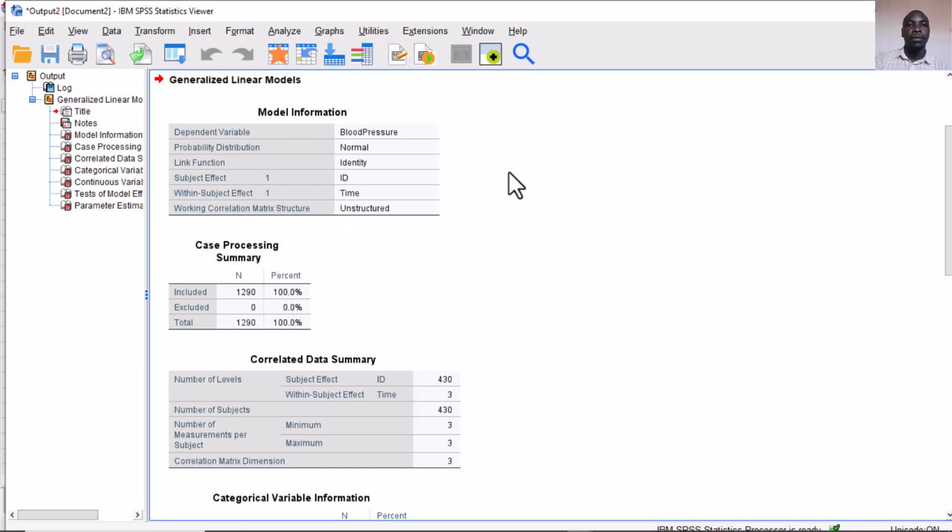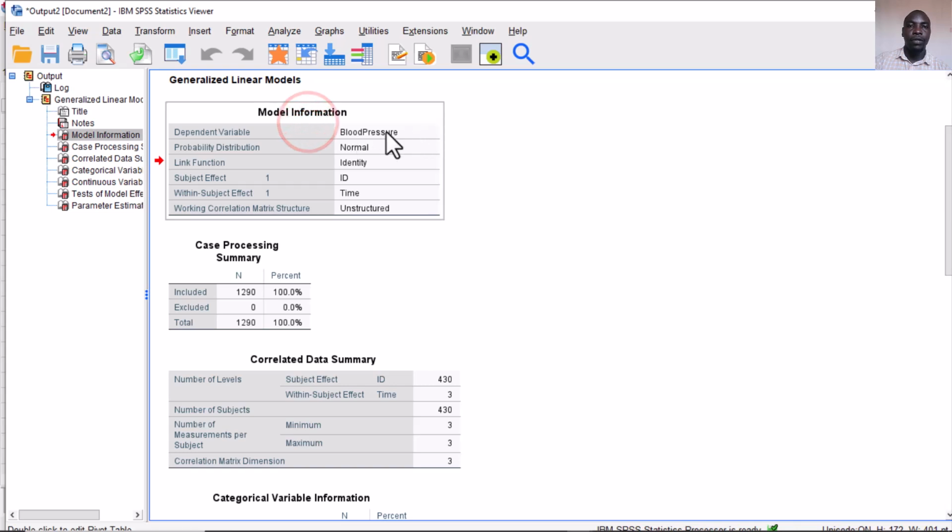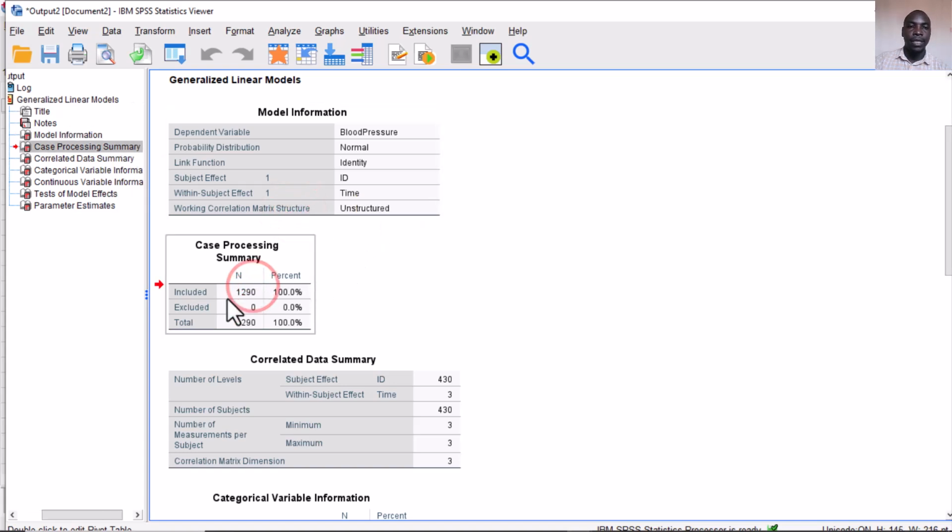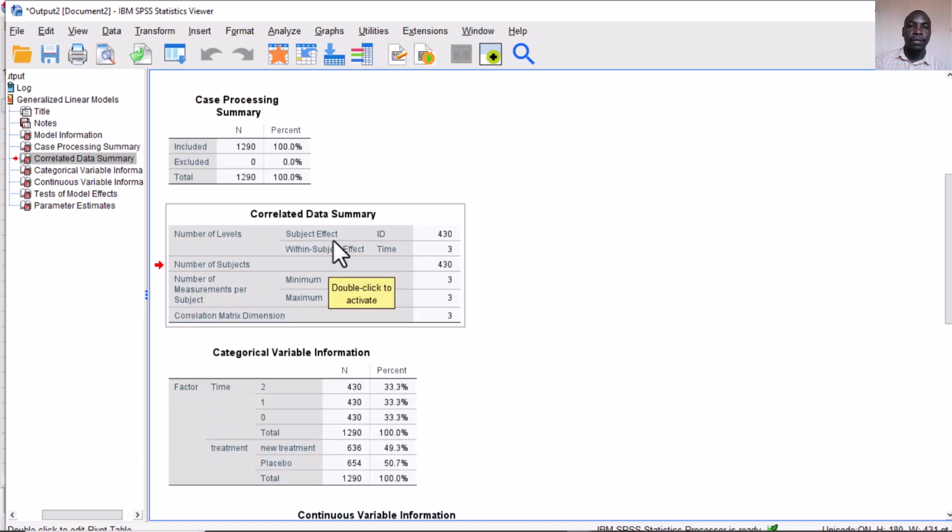In this output, we have the model information showing you the outcome, the distribution that you've used, the link function, and how you've set up each of these, including the correlation matrix structure. Then the case processing summary shows 1290 have been included, none excluded. In the correlated data summary, whereas at first we saw 1290, here the actual sample size is 430.